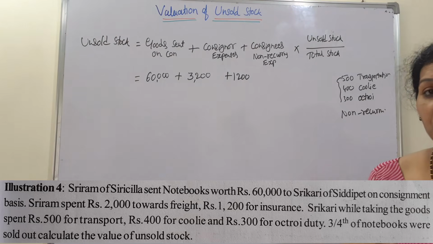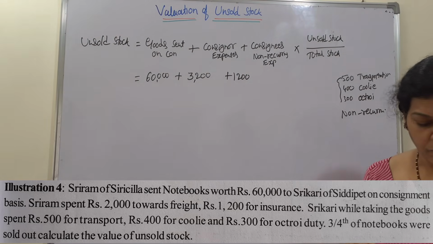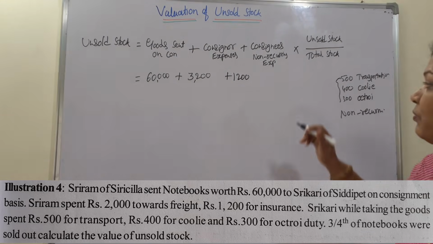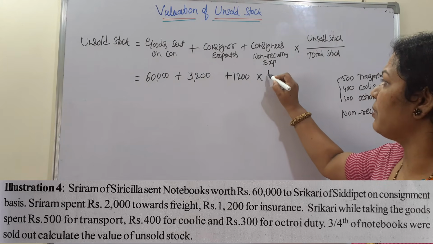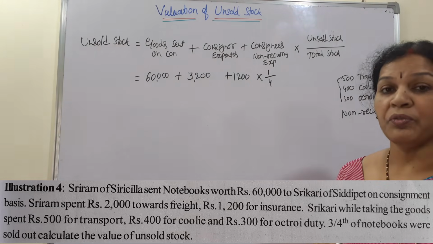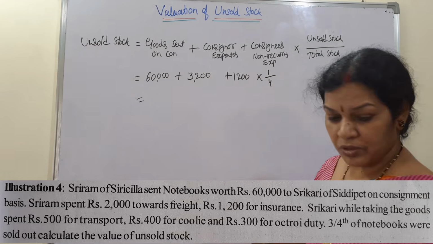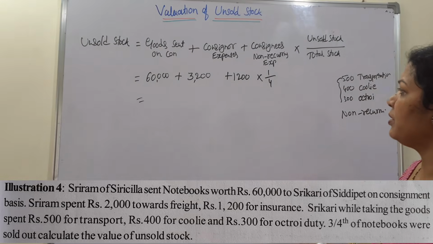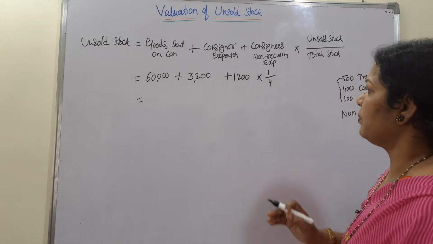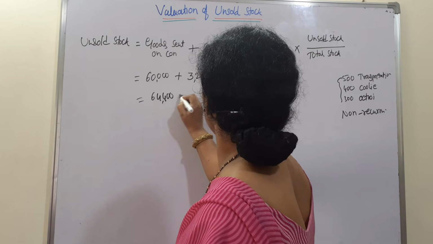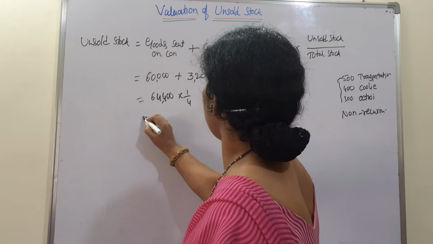How much is unsold? 3/4 is sold. 3/4 sold means 1/4 is unsold. You can take directly 1/4. 1/4 is unsold. So let us calculate: 60,000 plus 3,200 plus 1,200 is 64,400, into 1/4.